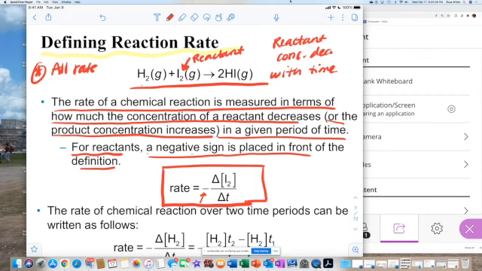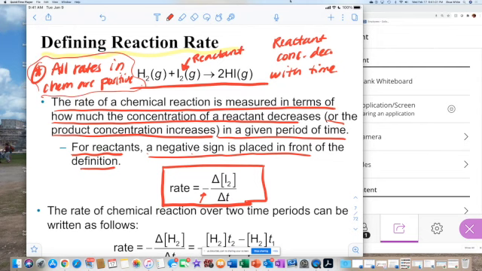All rates in chem are positive. Okay? So when you know that, it helps you. So just say you forgot, right? You're doing some kind of MCAT or something and you forgot. If you remember this and you get a negative rate, you're like, wait, why is my rate negative?